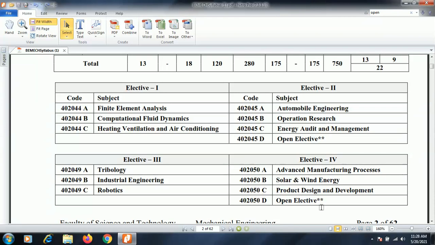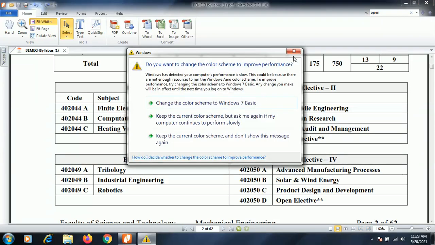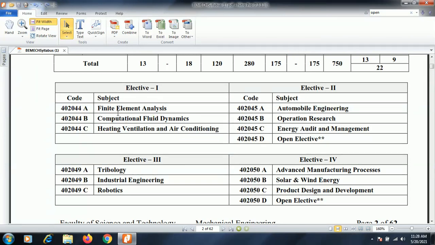Only then can you open this open elective as the subject. So for the upcoming semester you have to choose a subject for elective 1, that is either finite element analysis or computational fluid dynamics or heating, ventilation and air conditioning, and in the second elective you have to choose automobile engineering or operation research or energy audit and management.